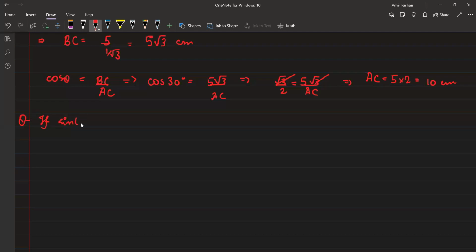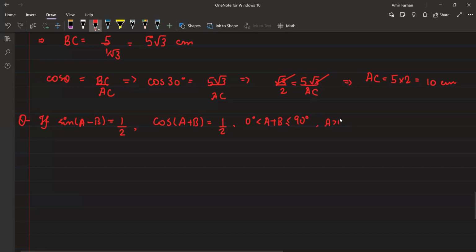If sin(A minus B) is equal to 1 by 2, cos(A plus B) is equal to 1 by 2, A plus B is greater than 0 and less than or equal to 90 degrees, and A is greater than B, find A and B.